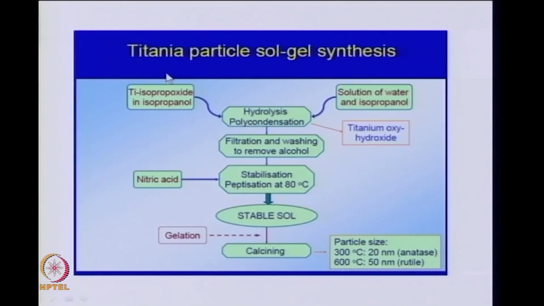So, this is a typical synthesis of one of the most important nanostructured materials, which is TiO2, which is used for many applications, using the sol gel method, using titanium alkoxides and hydrolysis and polycondensation, and then calcination to get the final inorganic oxide, which is titanium dioxide or TiO2 in two different forms at two different temperatures, and of course, the particle size changes.